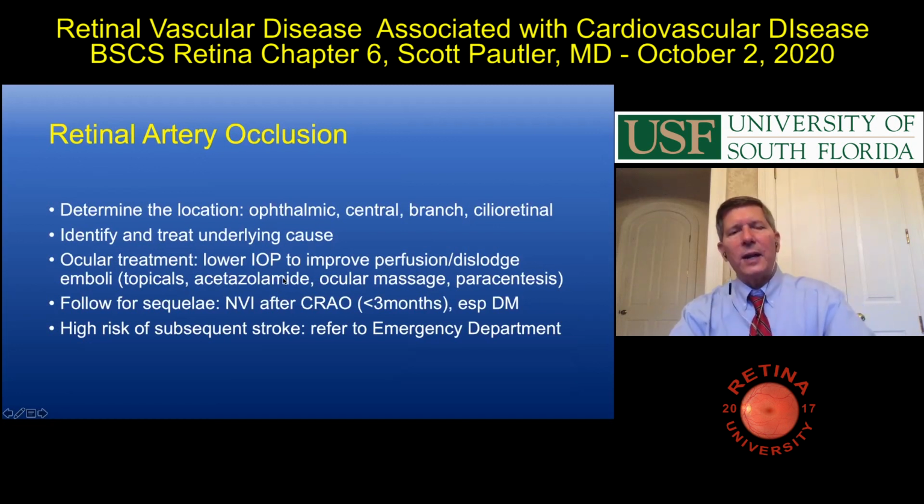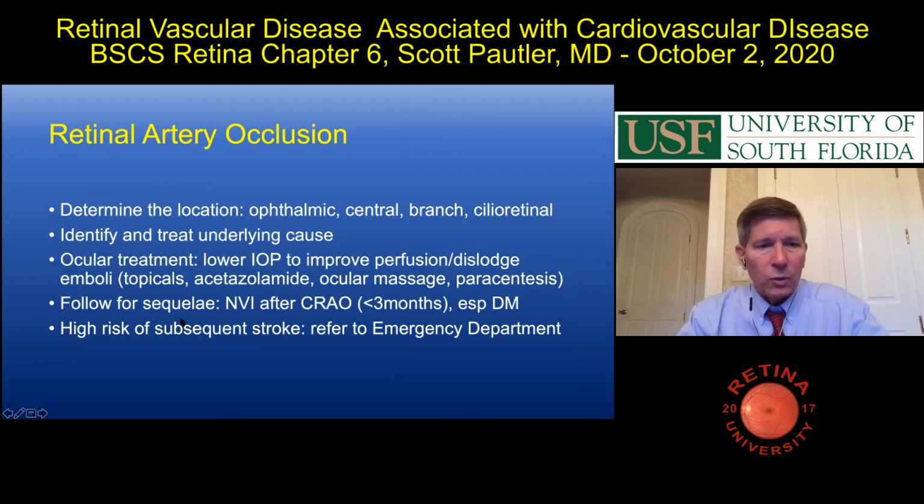But that is done often in central artery occlusion. We don't know how effective it is, but it's one of the few things you can do that may help. Over the years I've done paracentesis, I have had a significant minority of patients who've done well quickly within a day or so after my tap, and I've thought it might have been related to the tap, but you just don't know for sure in these cases, but that's often done.